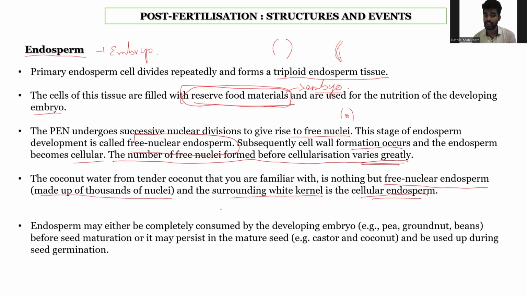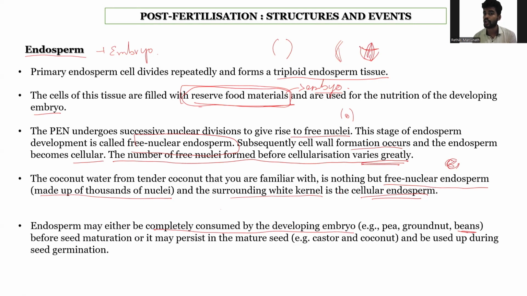And in some of the things such as pea, groundnuts, as well as the beans, you can see that the endosperm may be completely consumed by the developing embryo. That is, during the development of the embryo or before the development of the embryo itself, this endosperm is completely consumed. Whereas in the coconut, it is consumed only gradually during the development. For example, when you break the coconut, you will see a kind of flower growing in the coconut, right?